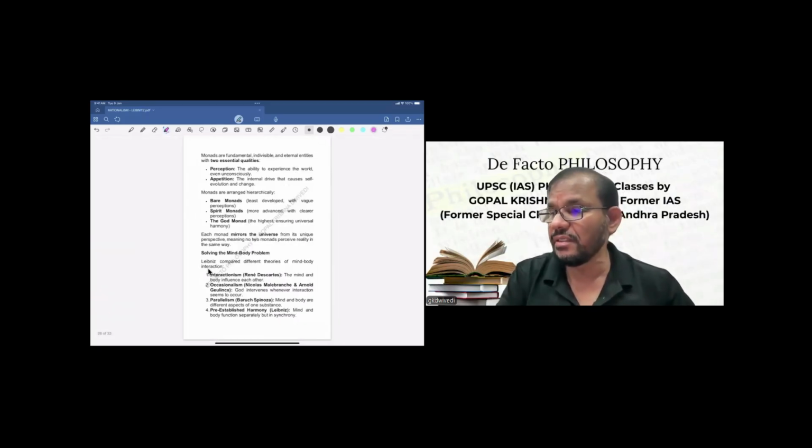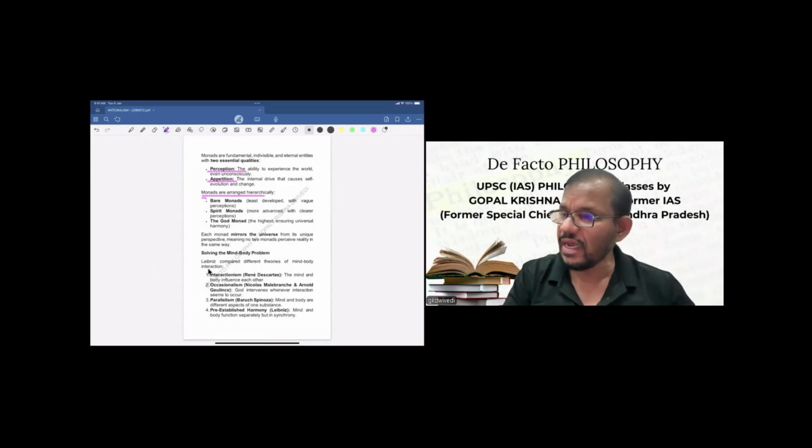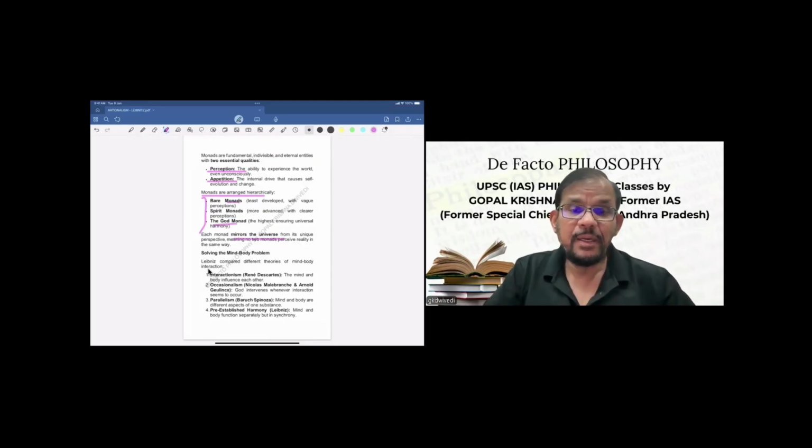Nature of monads: two essential qualities, perception and appetition, which we have discussed earlier. There is a hierarchy, from bare monads to God. Each monad mirrors the universe, however, a little differently, because no two monads are the same. That is also in his theory.